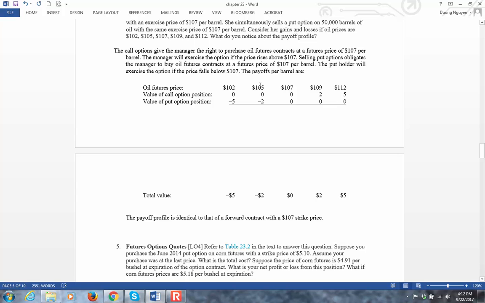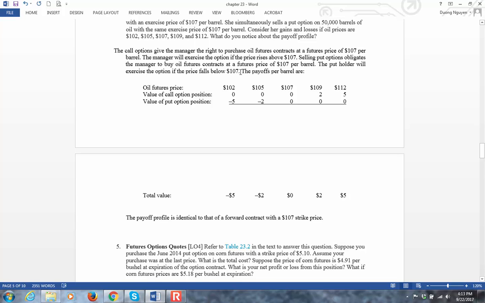So when the price in the market is 105, the buyer of the put would exercise the option, selling at 107 and buying in the market at 105. So the buyer of the put will make a profit of $2. The financial manager here is not the buyer. The financial manager here is the seller of the put.